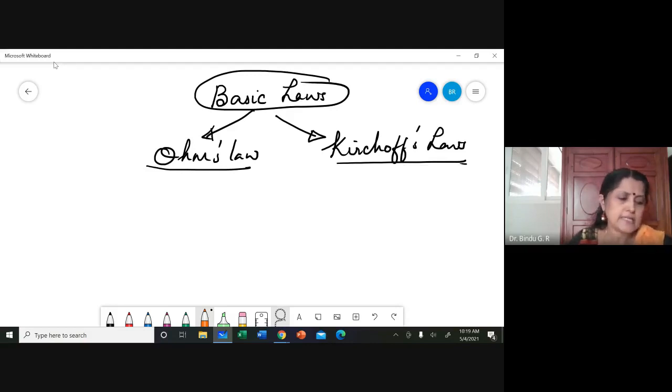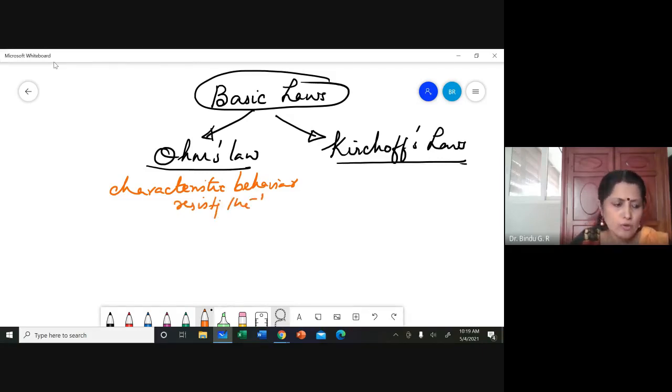Okay, so all materials in nature, all substances, have in general a characteristic behavior of resisting the flow of electrons, of resisting the flow of electric charge.